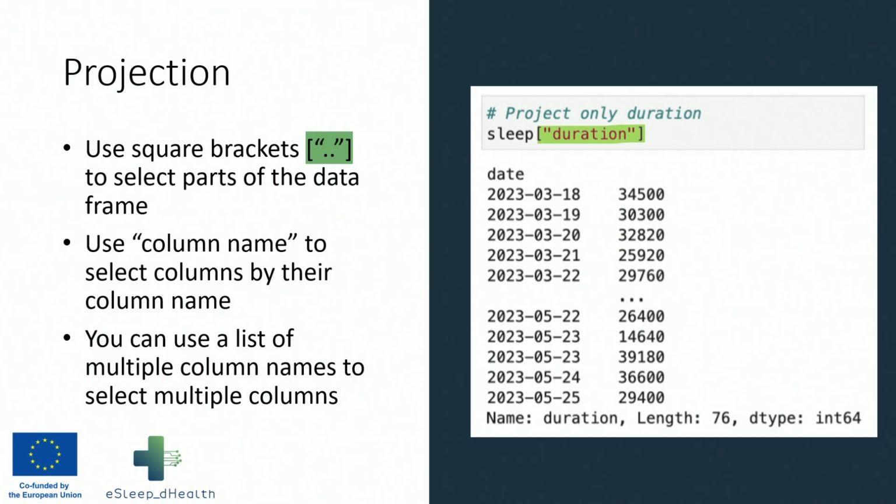For example, we can use our sleep data frame, open a square bracket and close it, and in between write the name of the column that we want to see. In this example, you can see that we only see the duration in the sleep data frame. We could also define a list with multiple column names and then put the name of the list in the square brackets. This would give us a subset of columns of the data frame.